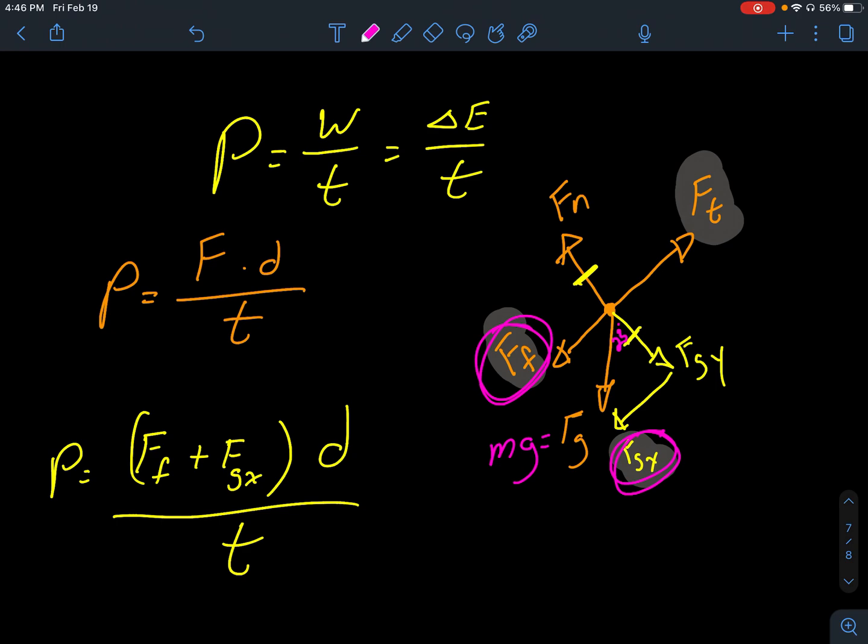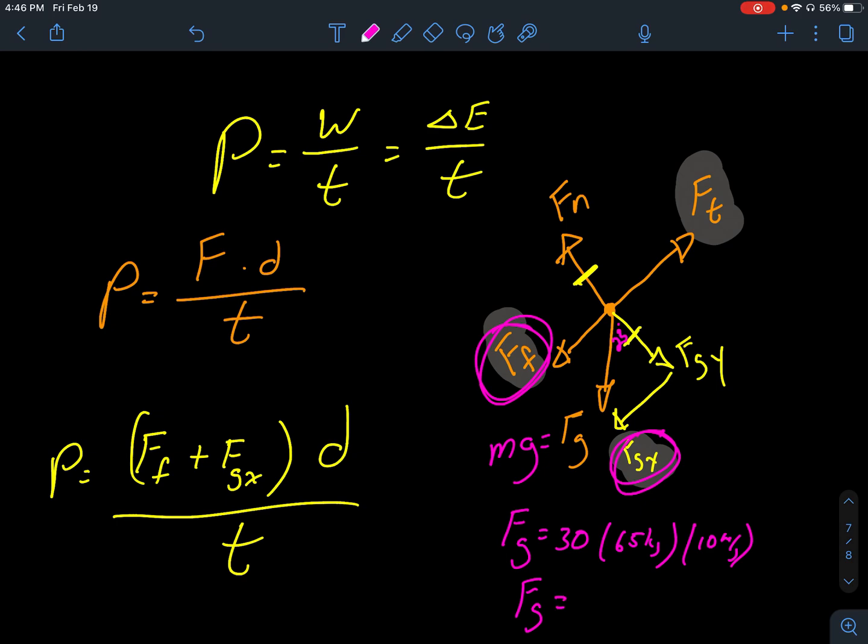Sometimes you can just find out the work done for one skier and then multiply that by 30. I just kind of said, well, I imagine we have all of our 30 skiers in one place and did it that way. So I went 30 times my mass of, what was it, 65 kilograms, times g.